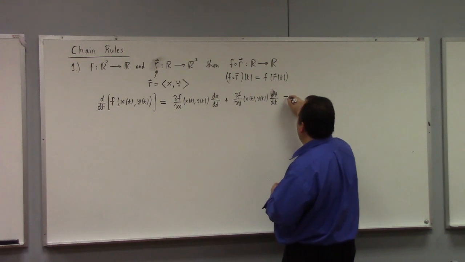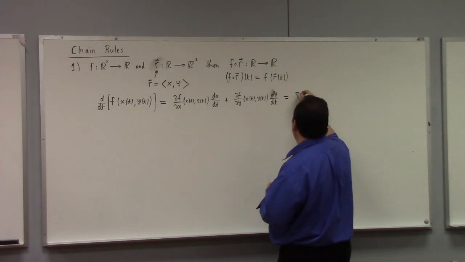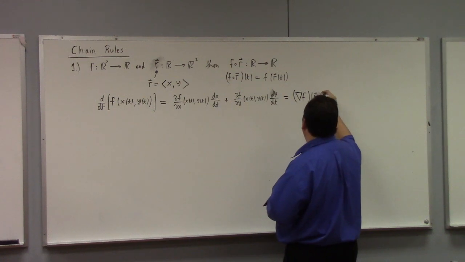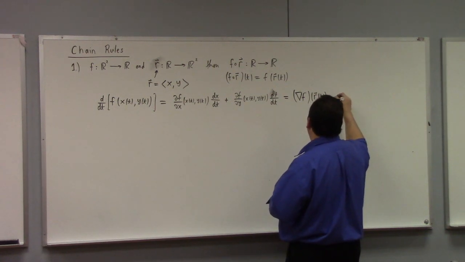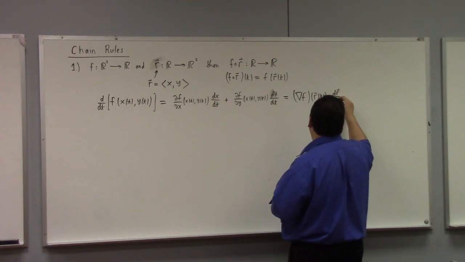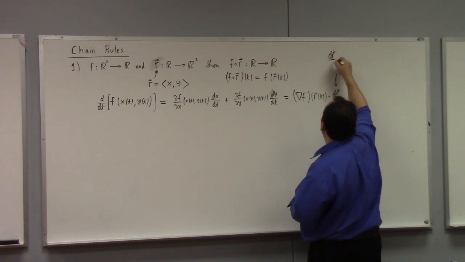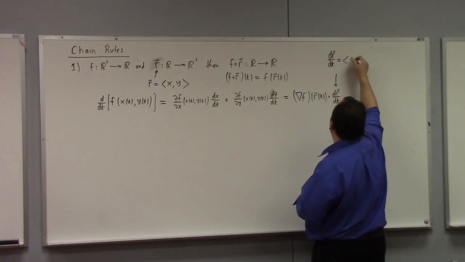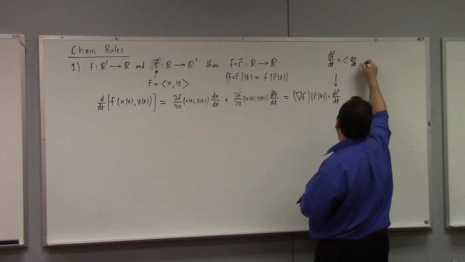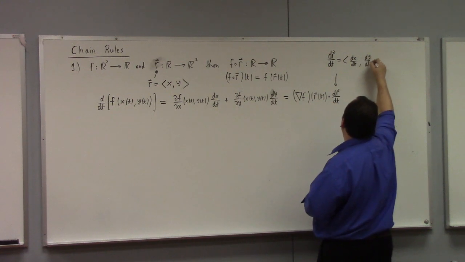In a much more elegant notation, this is the gradient of f evaluated at r(t), dotted with dr/dt, where dr/dt is (dx/dt, dy/dt).